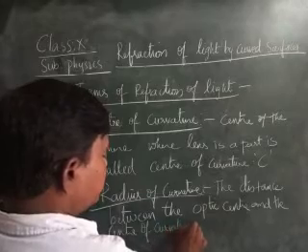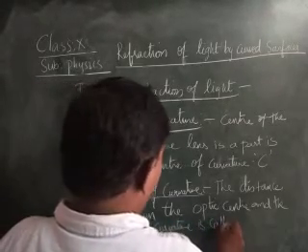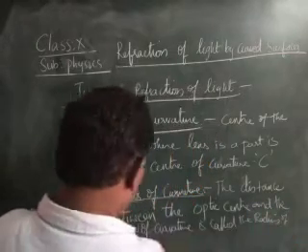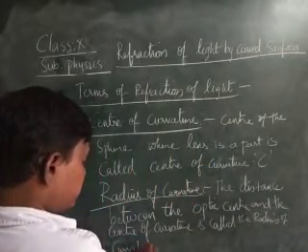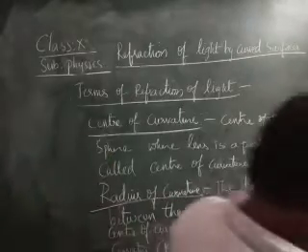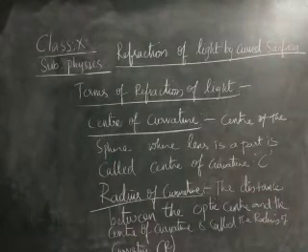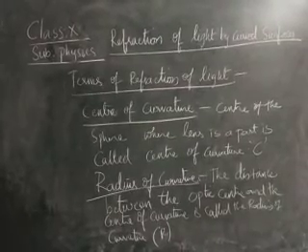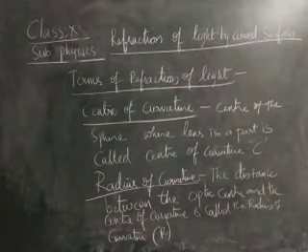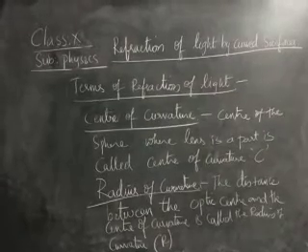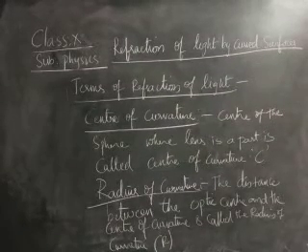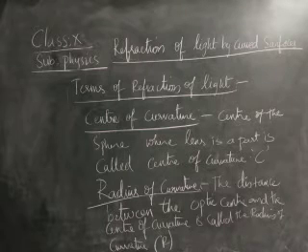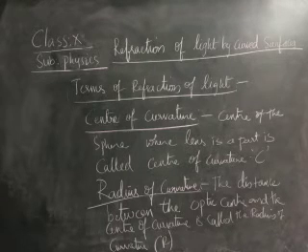The distance between the optic center and the center of curvature is called the radius of curvature. It is denoted by the letter R. The center of the sphere where the lens is a part is called the center of curvature, denoted by the letter C, whereas the radius of curvature is denoted by the letter R.